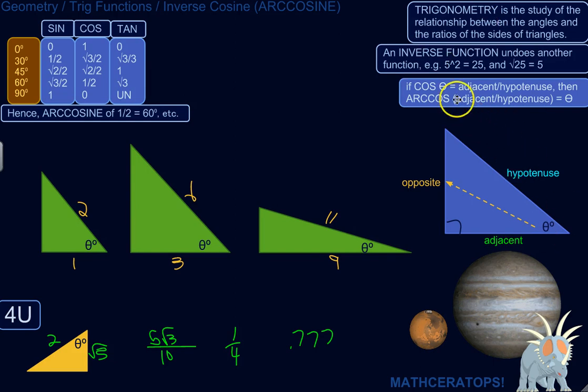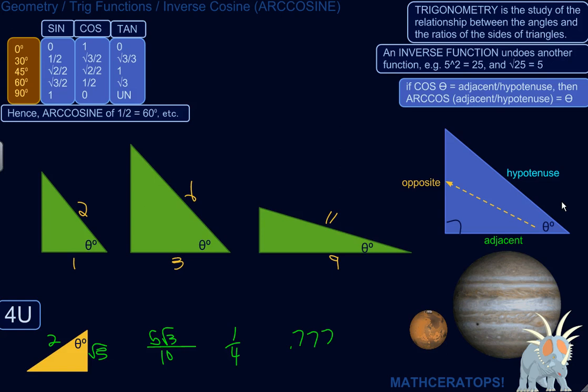So, for example, cosine of an angle is simply the ratio of the side length of the side of the triangle that is adjacent to it, the one it's next to that's not the hypotenuse, over the hypotenuse. So if the adjacent side length here had a length of 4 units and the hypotenuse 5, then the cosine of theta would be 4 over 5. That's it. All right, so that's cosine.